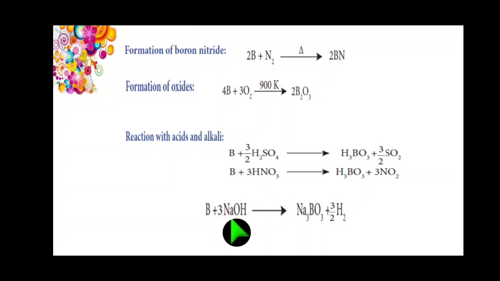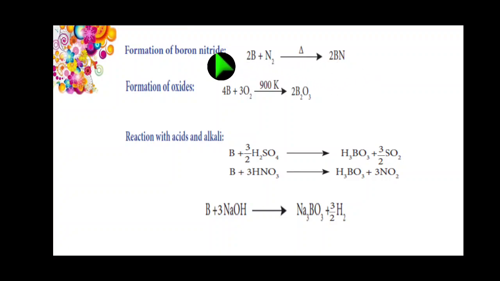And alkali, boron reacts with sodium hydroxide. Sodium hydroxide is called an alkali. Fused with sodium hydroxide, it forms sodium borate, Na3BO3, with hydrogen. Then, let us balance the equations.